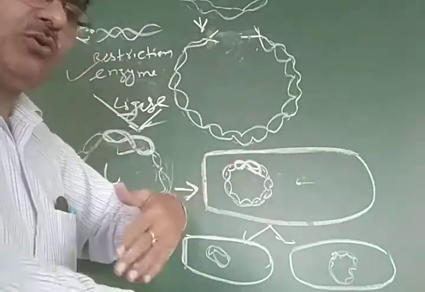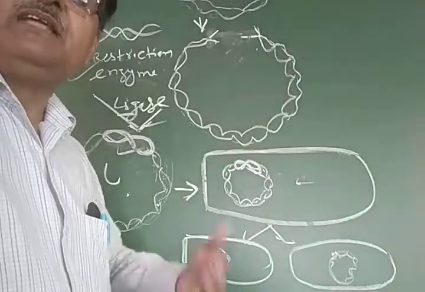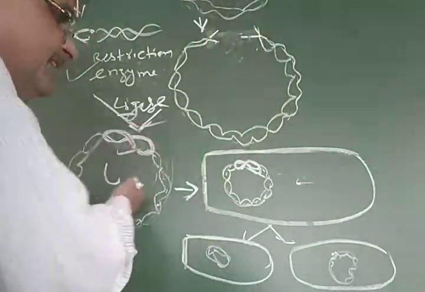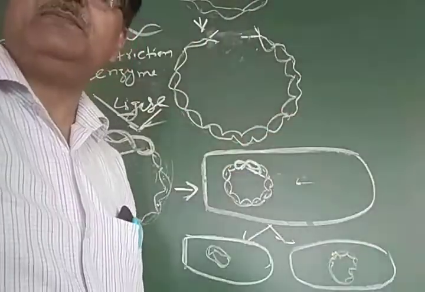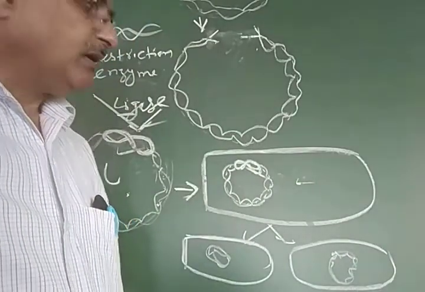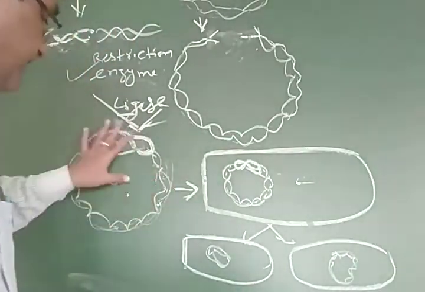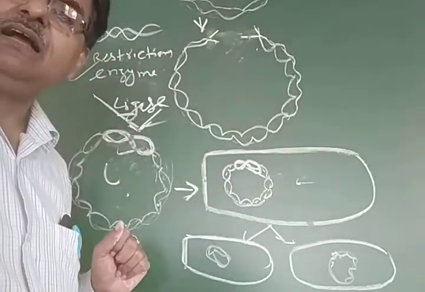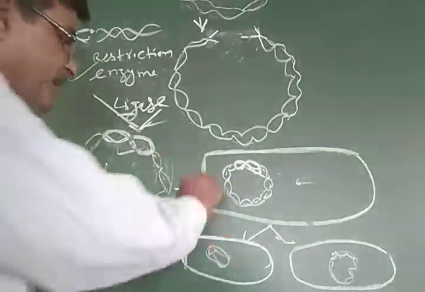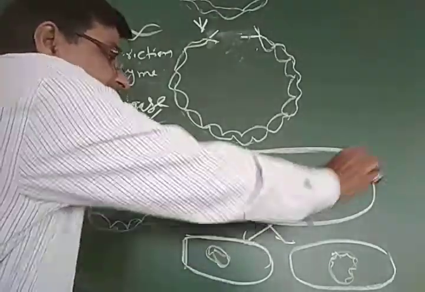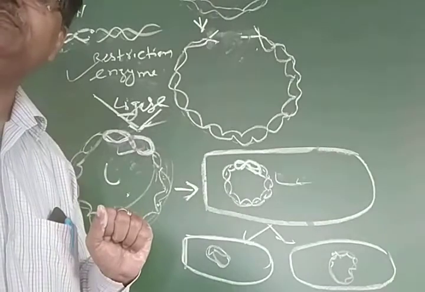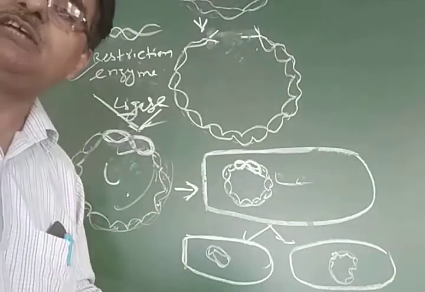We grow the bacteria in the culture medium. There are thousands of bacteria, and we add this recombinant DNA in that culture medium. So this recombinant DNA may enter into some bacteria, may not in other bacteria. If this recombinant DNA enters, those bacteria are called the transformants, and the others are the non-transformants.